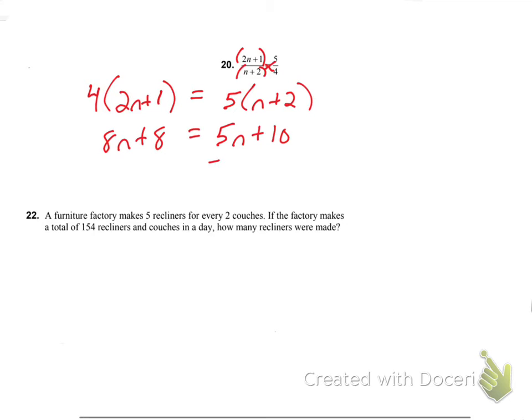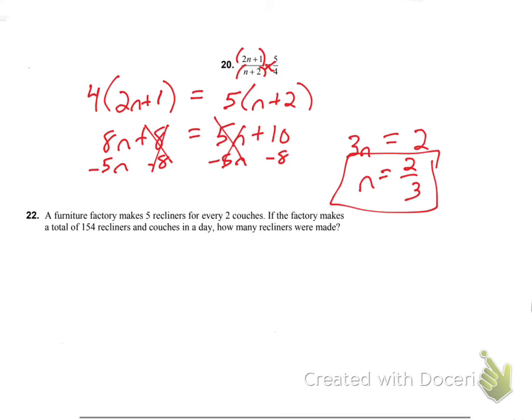I'm going to subtract 5n, so I'll cancel this, and then I'm going to subtract 8 to cancel this. So what I'm left with is 3n is equal to 2. So then n is going to be equal to 2 over 3, or 0.67.